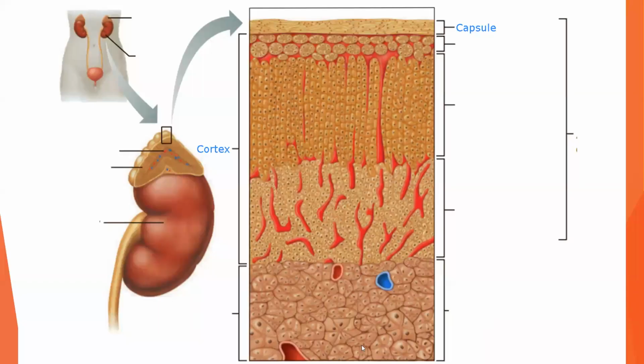And lastly, can somebody from the group identify the innermost area of your adrenal gland that is being highlighted in the image on your screen? You are correct. So this is going to be your medulla.